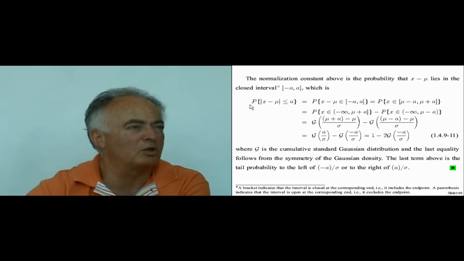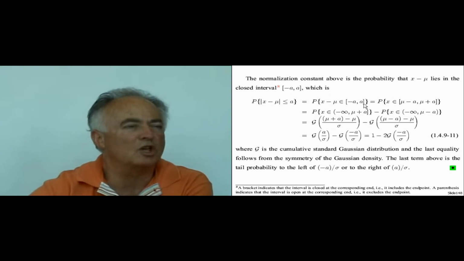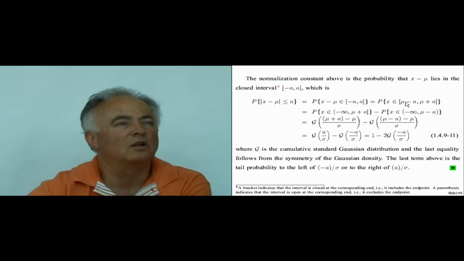The probability of this event can be written in another fashion as follows: x minus mu is an element of the interval minus a to plus a, or x is a point inside the interval between mu minus a and mu plus a. You can easily see that this is just a shift of my interval.